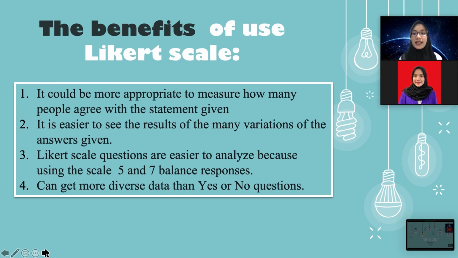And the next is Likert scale questions are easier to analyze because they use the scale of 5 or 7 with balanced response. And the last is you can get more detailed data than yes or no questions. Using Likert scale, you can have more appropriate data because there are many variations of the answer from the respondent.